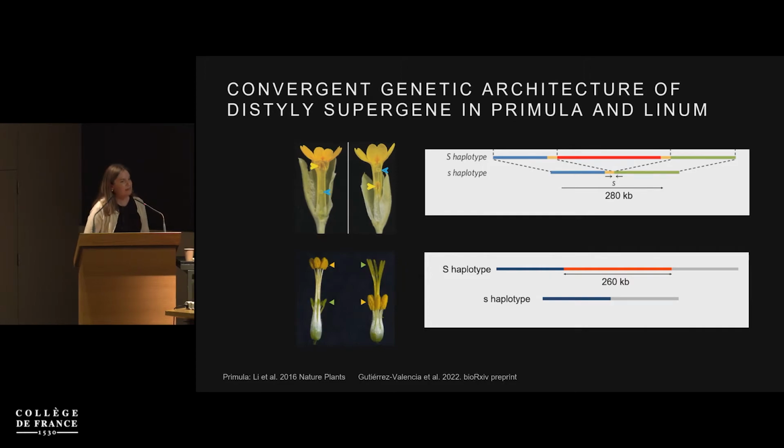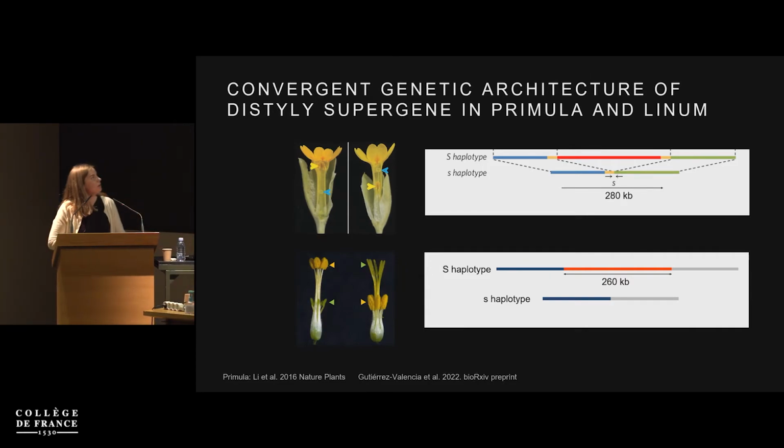And so these results show remarkable convergence in the genetic architecture of the Distyly supergene between Primula and Linum. So in Primula, if you recall, they had identified an approximately 280 or 260, depending on which species you look at, thrum-specific region on the dominant S haplotype.